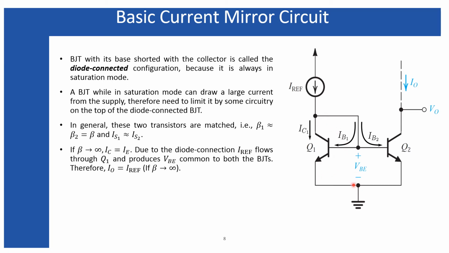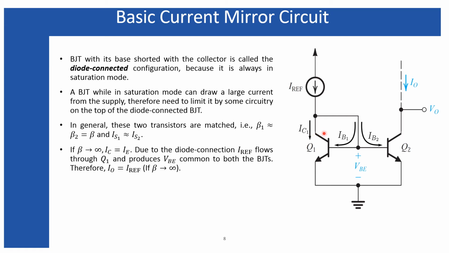In common emitter configuration, 0 collector to base voltage means this junction is also forward biased. Therefore, these transistors always remain in the saturation region, and such a configuration is known as the diode connected configuration.